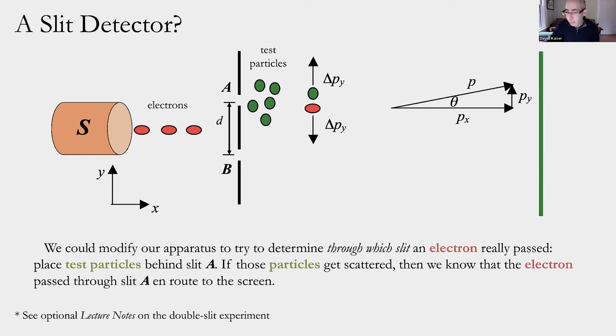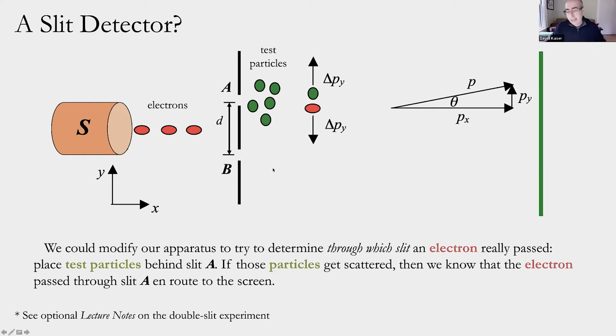And this was a very clever idea. Heisenberg lectures on this even in those 1929 lectures, and others have developed it since then. Let's put a bunch of test particles behind only one of the slits, so that it'll be like an alarm system. If an electron happens to go through slit A, it'll smack into these test particles. We'll have collisions. We'll have scattered particles zooming out of this region of the experiment that we could then detect and measure.